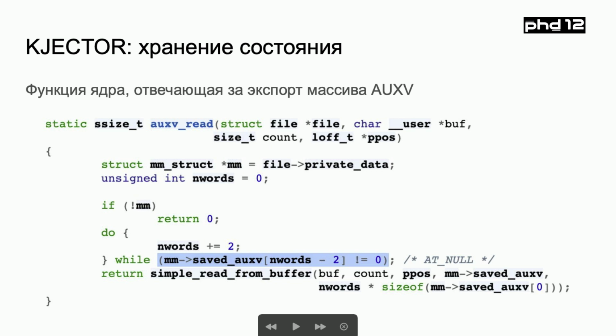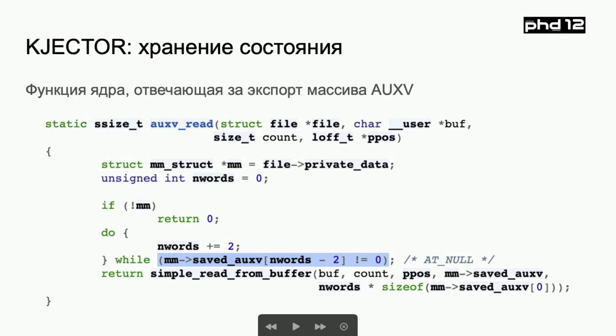aux_v array export. Potentially, it can contain up to 100 records, but usually only 50 records are transferred to the process, which means that the last one will never be seen in the user mode, which means that we can stay hidden.